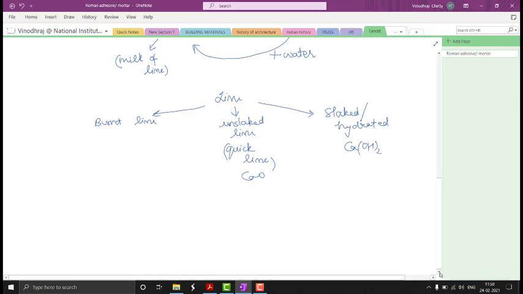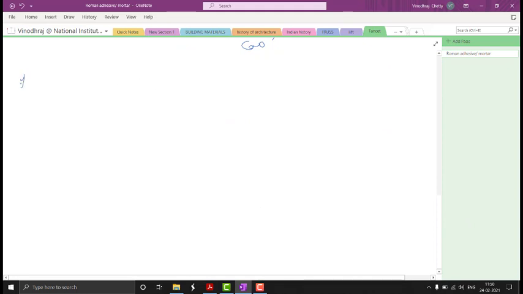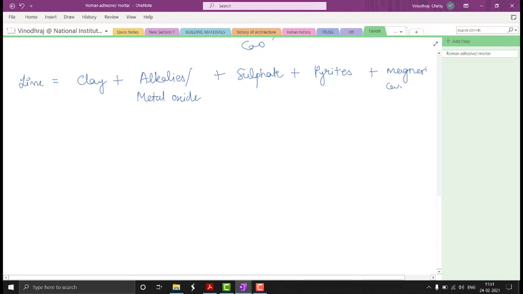Talking about the basic constituents of lime, lime basically consists of clay, then alkalis or metal oxide, then sulfate, then pyrites and magnesium carbonate, and at last soluble silica.